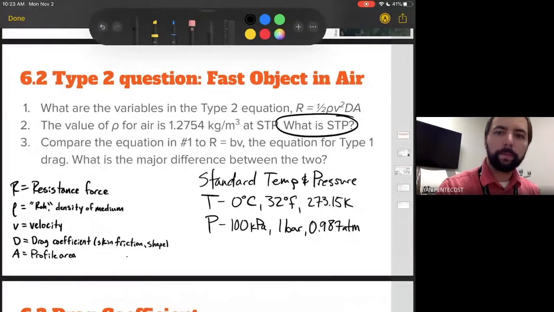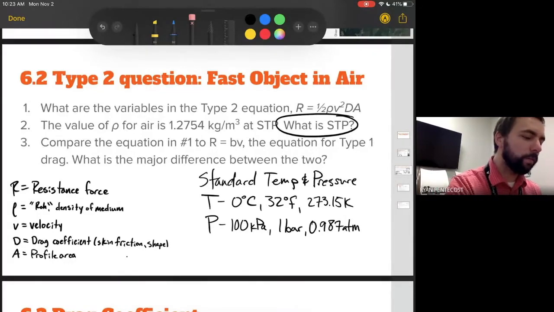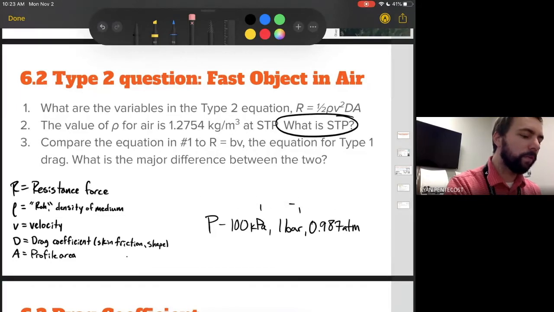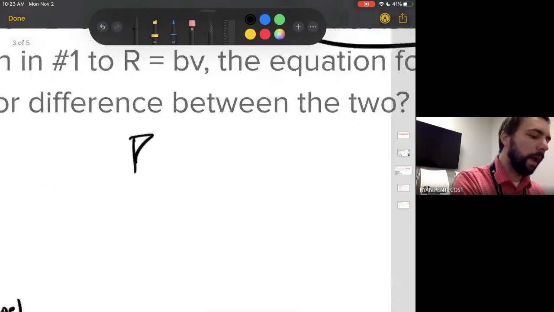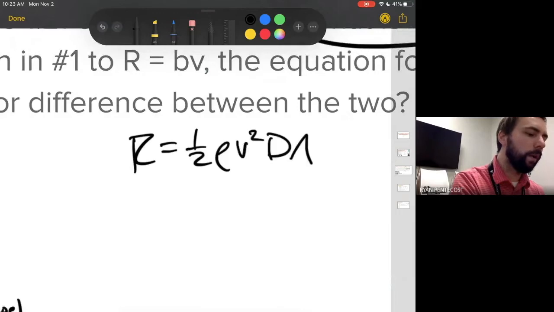So if we look at these two equations, so let me erase to get some room here, right? We have very different variables that we're looking at, right? We have several variables in type 2, right? We have 1/2 rho v squared dA.